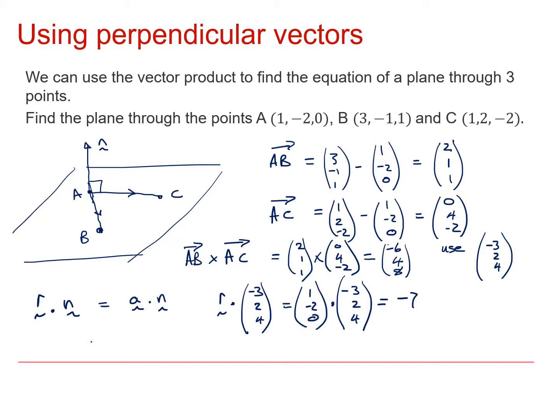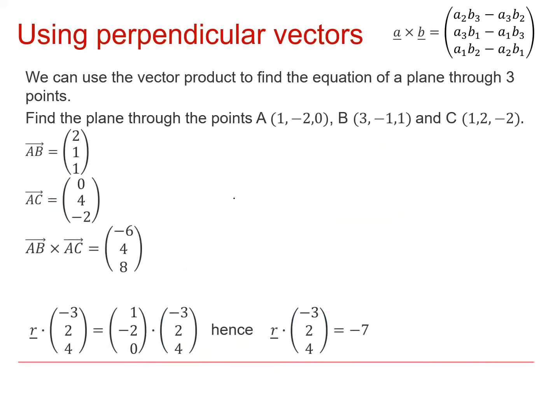And so my vector equation for this plane is r dot (minus 3, 2, 4) is equal to minus 7. There's that written up a little bit more neatly for you to follow. There's the confirmation that AB is (2, 1, 1) and AC is this. Here's the cross product, and it's been cancelled down effectively. It's been simplified to give me this version for the normal vector, and hence we get this for the equation of the plane.